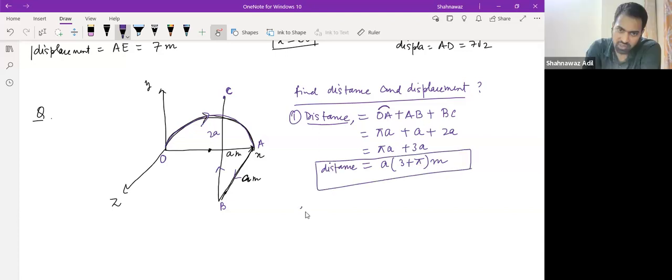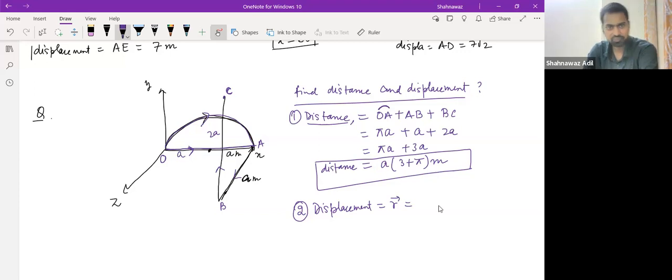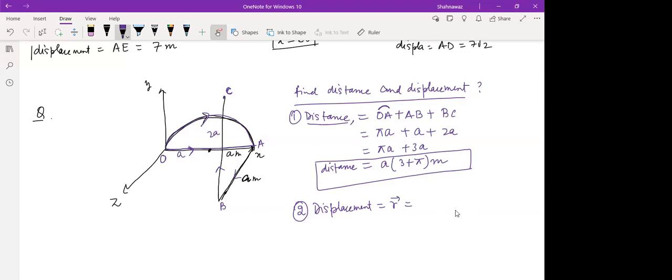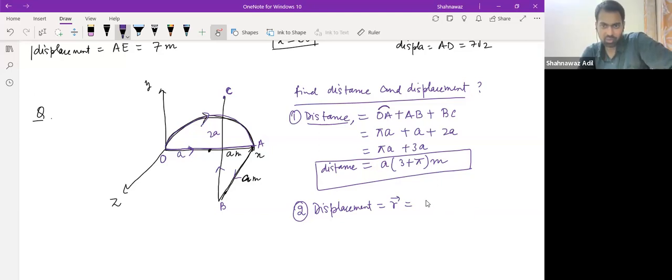Now we have to calculate the displacement. Displacement is a vector quantity, so let us write it as R. You tell me that this is the direction I have moved. OA would be what? This is A, this is A. So OA is in which direction? Positive X direction. What vector will represent my direction?